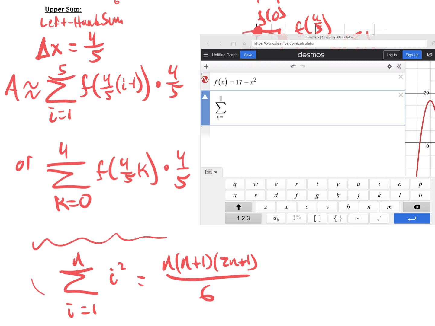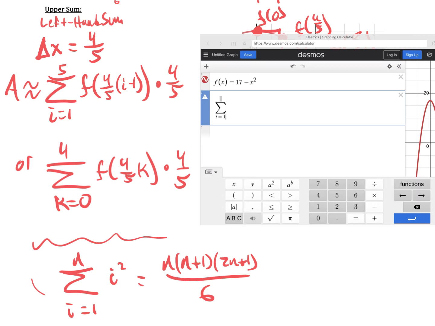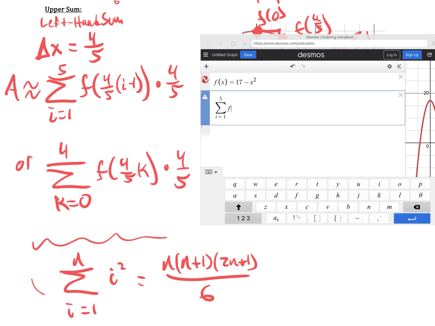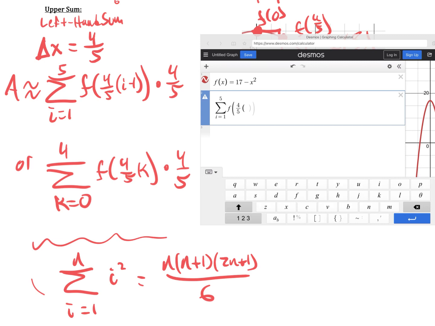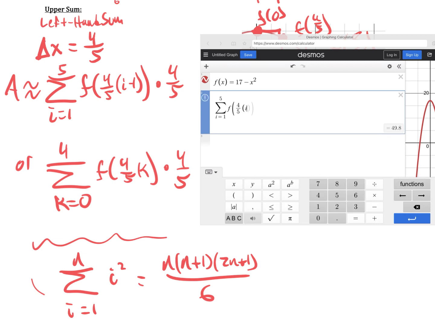Looks like it's happy with that. i equals, and we're going to go from 1 to 5 of f of 4/5 parenthesis i minus 1, close the parenthesis, close the parenthesis. Probably should do this whole thing in parentheses. Don't want it to calculate improperly. Times 4/5. So there we have it.